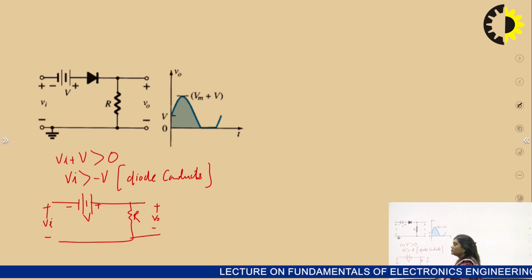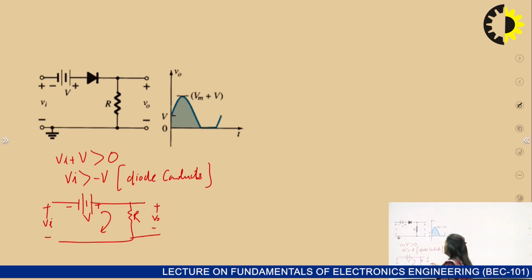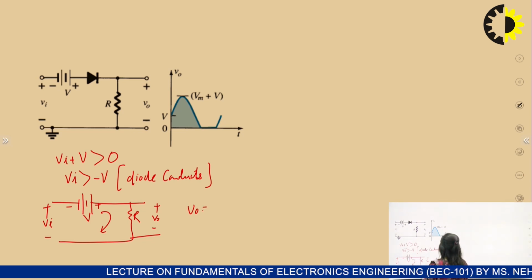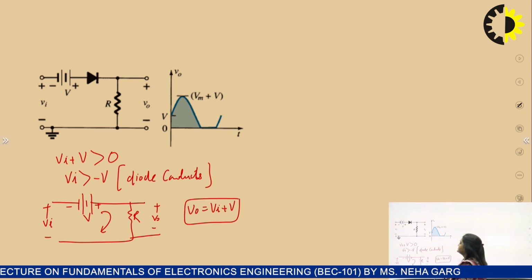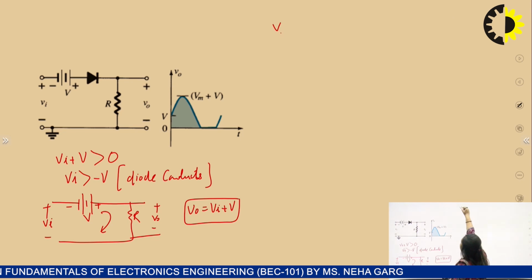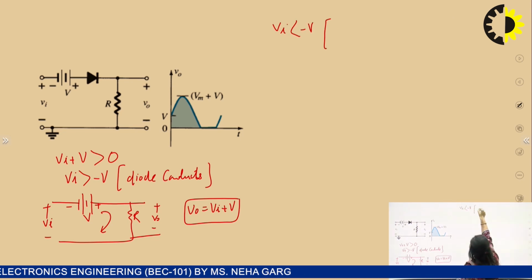If we find the output voltage, we apply KVL, and V naught would be equal to Vi plus V.